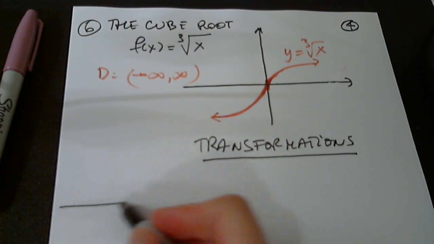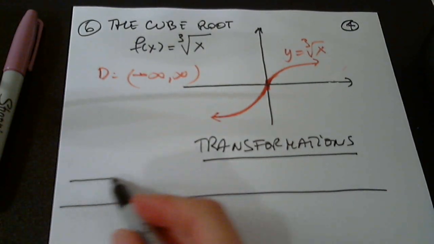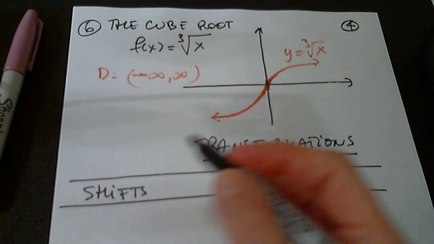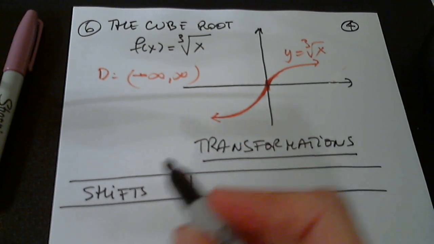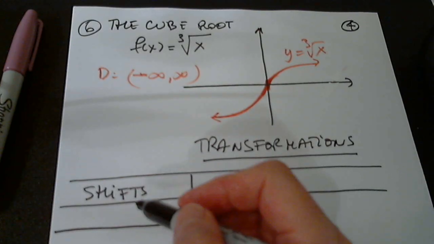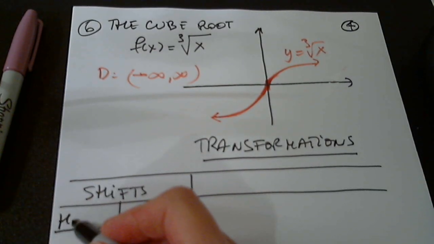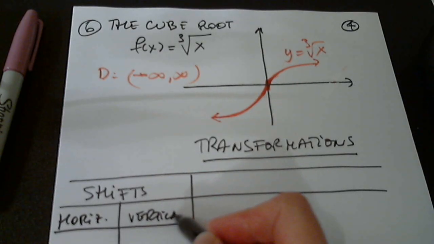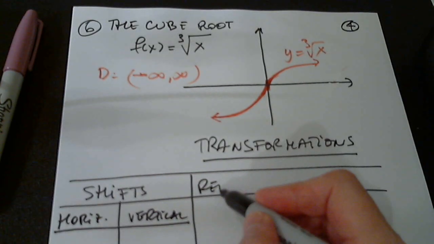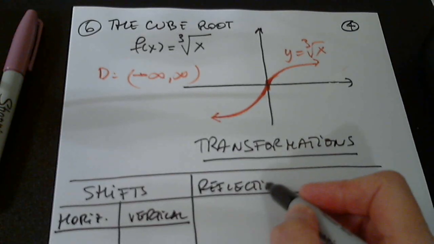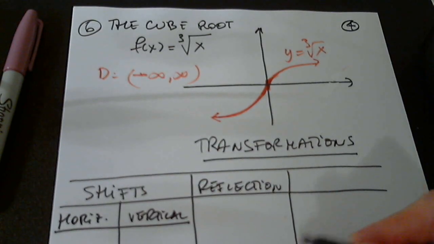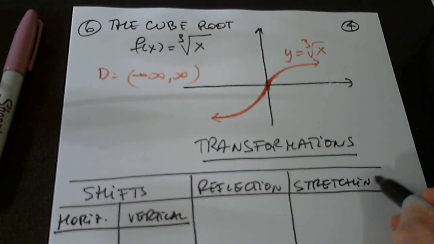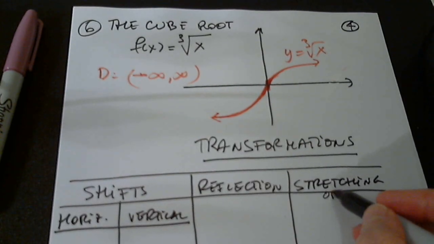So they are shifts, horizontal, vertical, reflection, and the last one, stretching or shrinking.